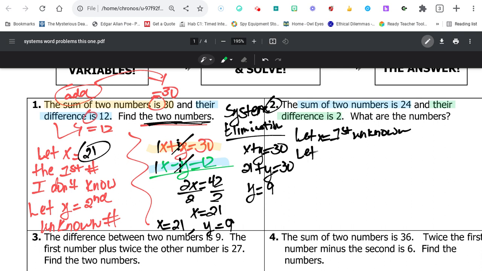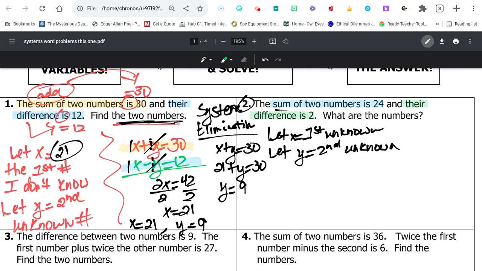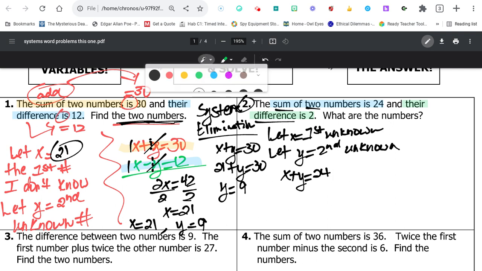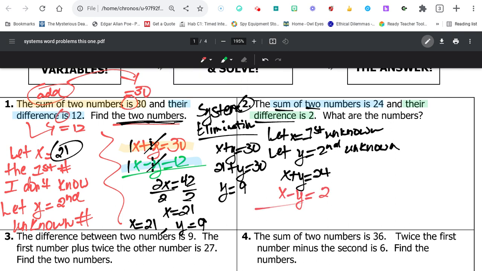And I'm going to let y equal the second unknown number, I don't know it. But I do know if I add those two numbers, it's going to give me 24. And if I subtract those two numbers, I'm going to do it in a different color, it's going to give me 2.